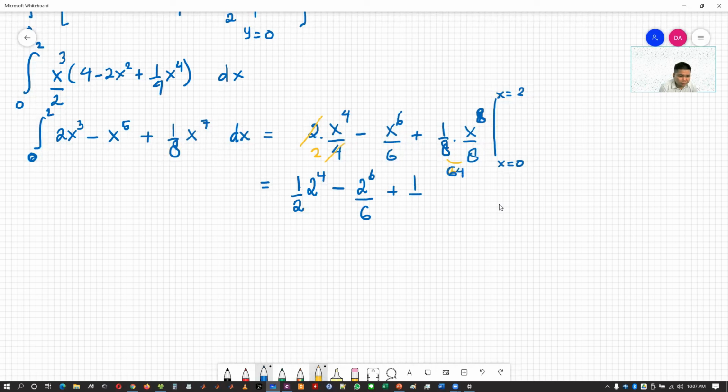Then we have 8 here, minus 64 divided by 6, and I divide by 2 again, so this is 3, and then plus 2 to the power of 5 over 8.